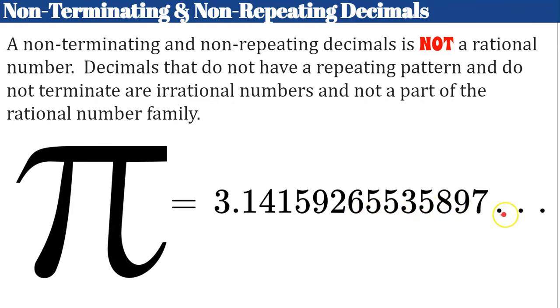It goes on infinitely with no pattern. There's no rhyme or reason to these digits. You can't find a pattern and memorize those digits and have them repeat. I know some students have a challenge where they try to memorize 100 digits of pi. So pi is non-terminating, non-repeating, and an irrational number, which is not part of the rational number family. So just keep that in mind.